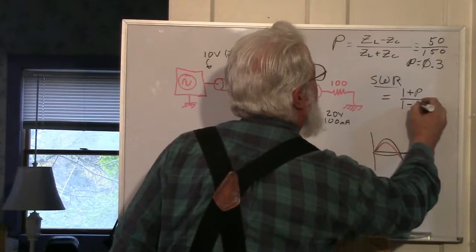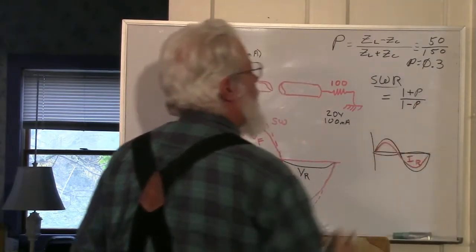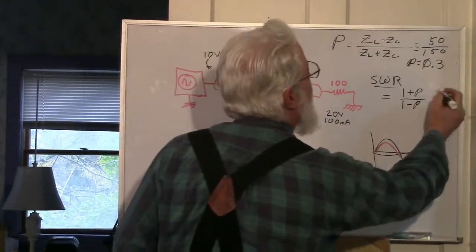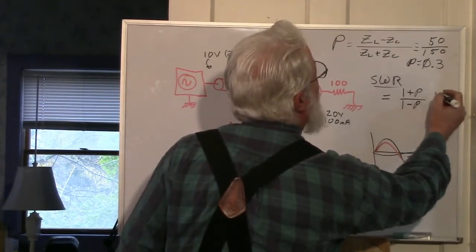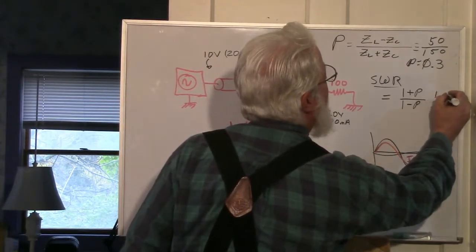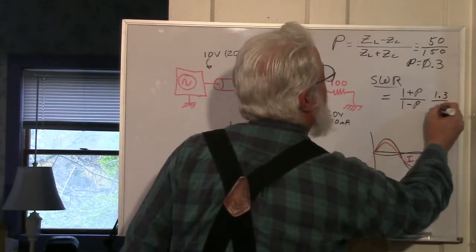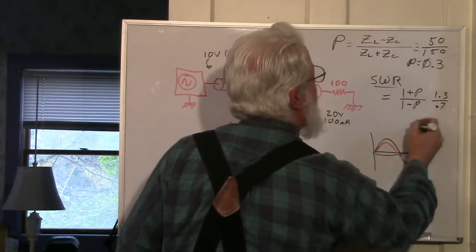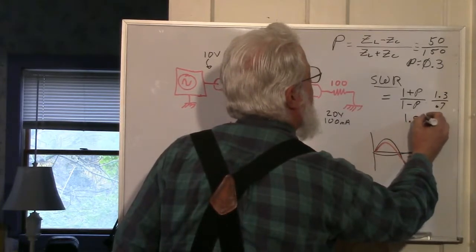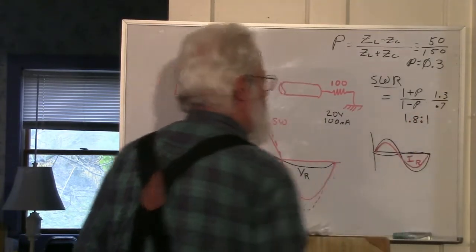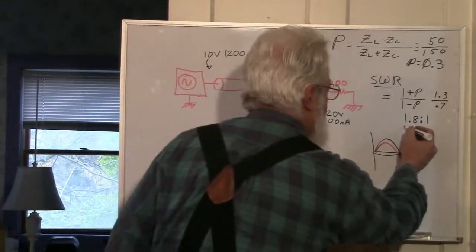And 1 minus the forward minus. So there's your ratio, which is 1 plus 0.3 is 1.3. 1 minus 0.3 is 0.7. And the standing wave ratio is 1.8 to 1. So there we go.